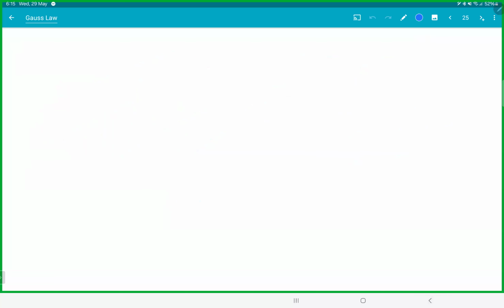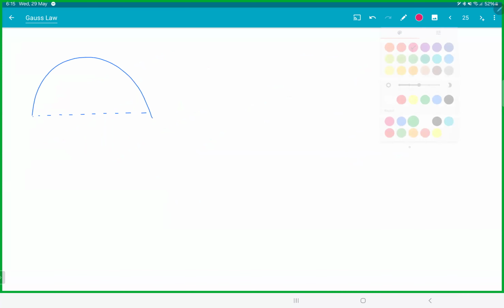First thing, see. Now, because it's a cylinder, we know the field will be radial. So if you take any point charge here, dq, you can clearly see this makes an angle of 90 degrees, isn't it? So that means whatever field lines you get, 1/4 of the field lines will pass through the base.